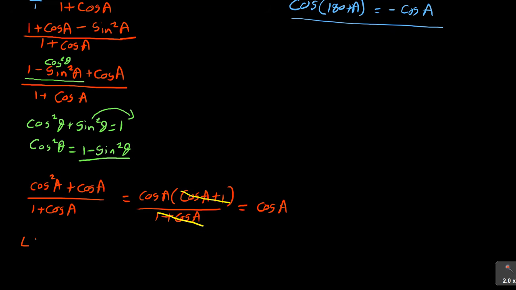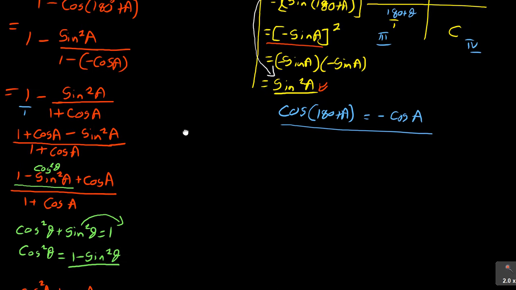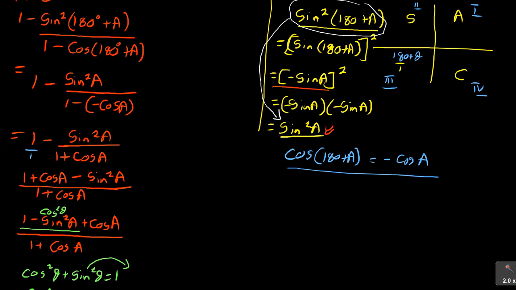Now in my left hand side, I have got cos 360 minus A. Now if I use also the quadrant, this is in the fourth quadrant. If I take you back in that quadrant part, you can see now this 360 minus A cos, it is in the quadrant where cos is already positive.